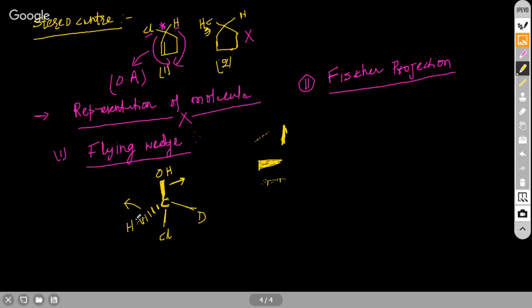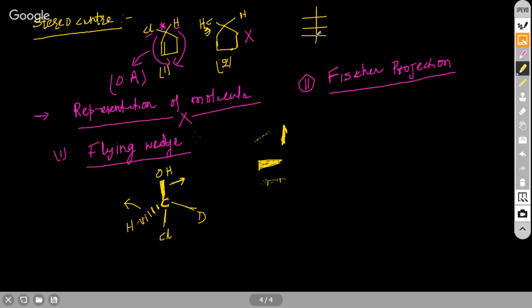Okay. Now, what is a Fischer projection? You must have seen this kind of structure. Like the structure of glucose, I'll draw here. You must have seen this kind of bond, no?